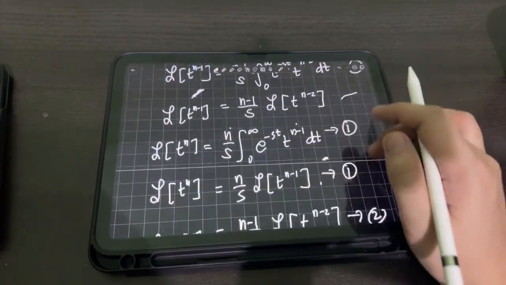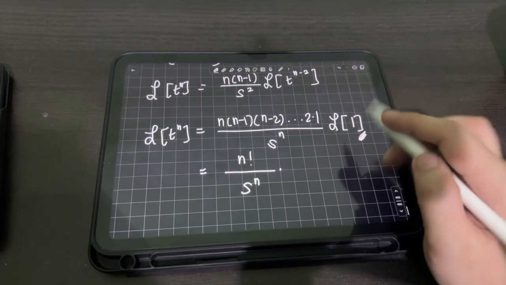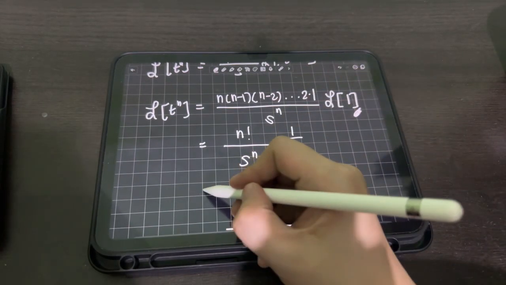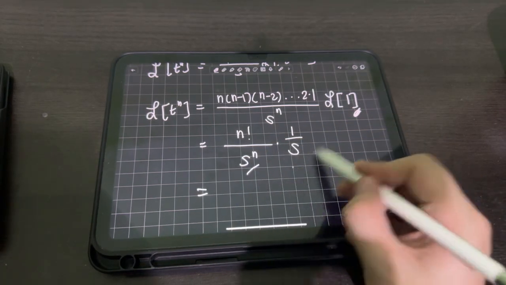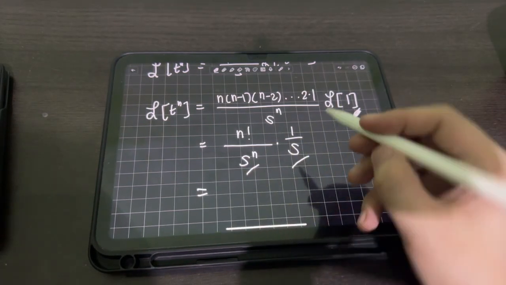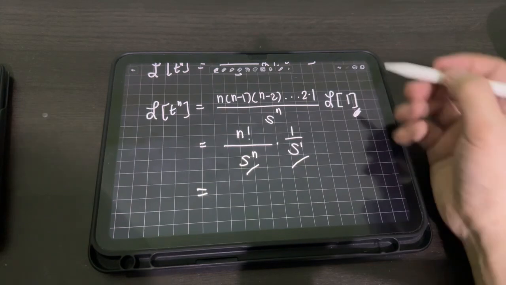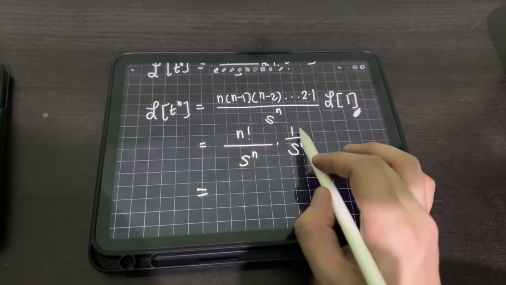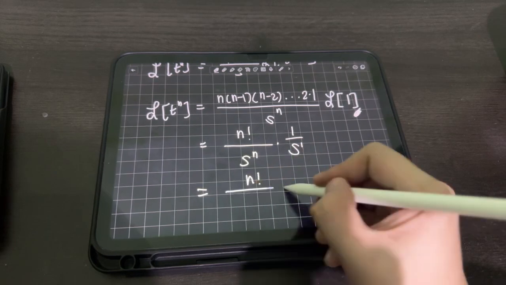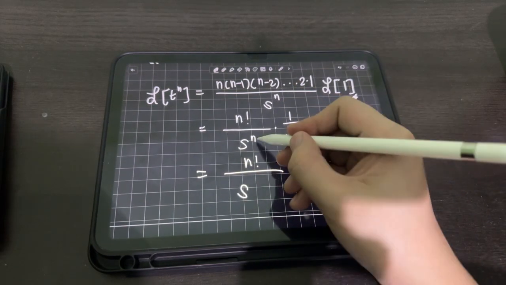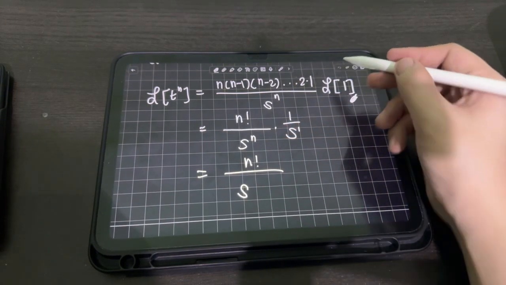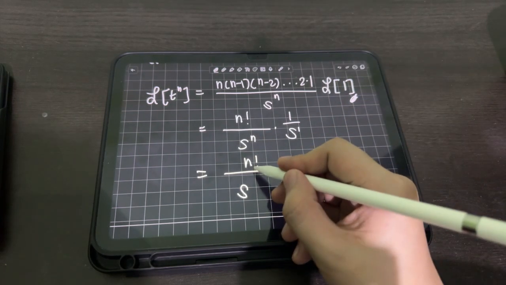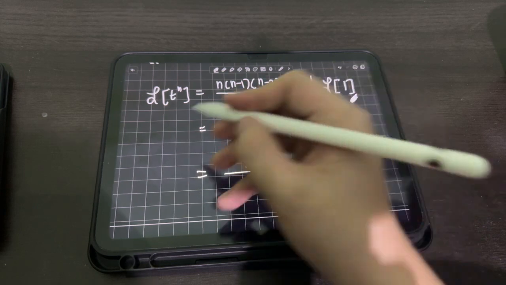So if we substitute that value of the Laplace transform of 1 here, it will be 1 over s. So we can multiply the denominators, s to the n times s to the first, with a visible exponent of 1, right? So n factorial times 1, n factorial, over s raised to, when we're multiplying the same base, we copy the same base s and add the exponents, n plus 1. So we have s raised to n plus 1.